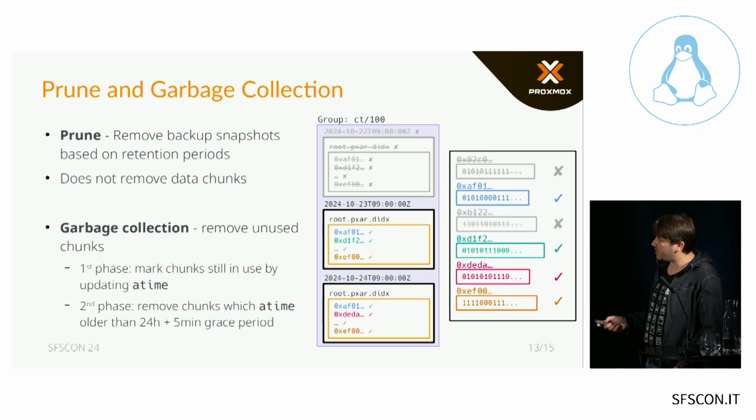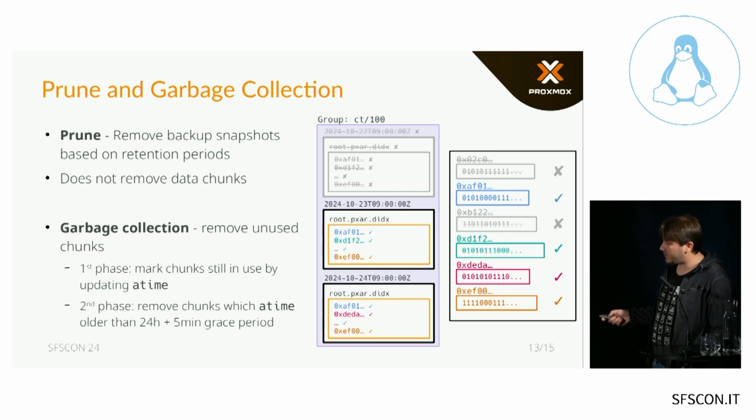So garbage collection is a process which works in 2 steps. In the first phase, we iterate over all the known index files, and for each of the indexed chunks, we mark them by updating their access time on the file system.